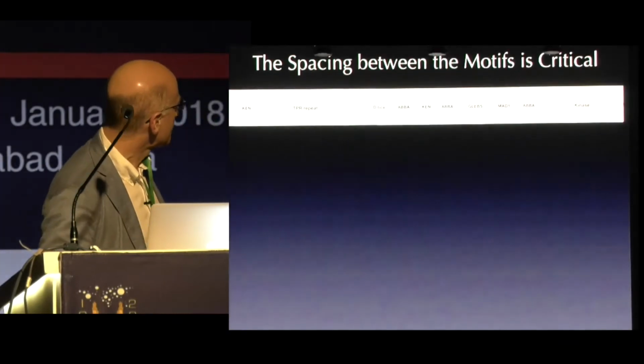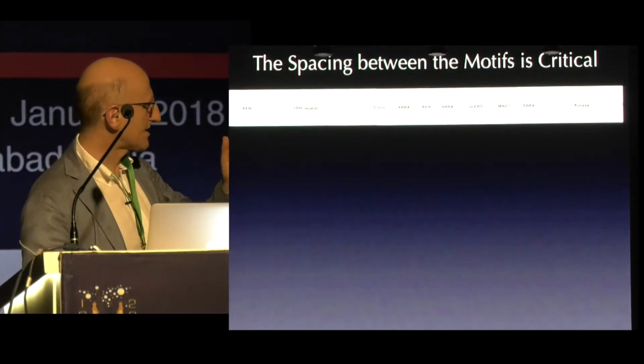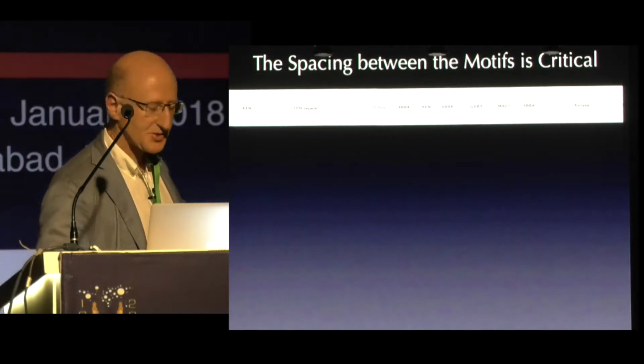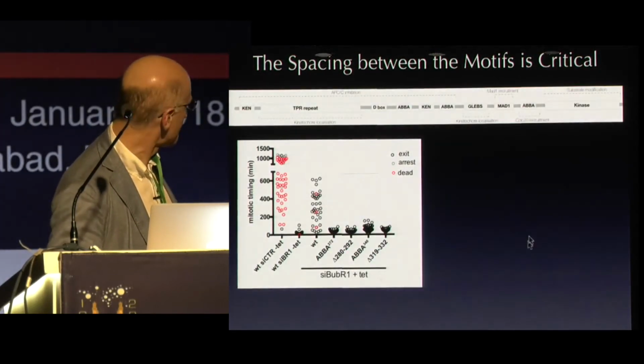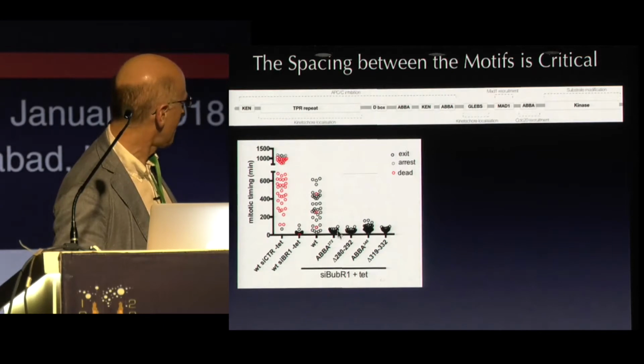We also noticed that the spacing between the Abba motif, the Ken box, and the second Abba motif is conserved. So we wondered whether that was crucial. And sure enough, if you make the spacing too short between the Abba motif and the Ken box, you see that you ablate the checkpoint completely.